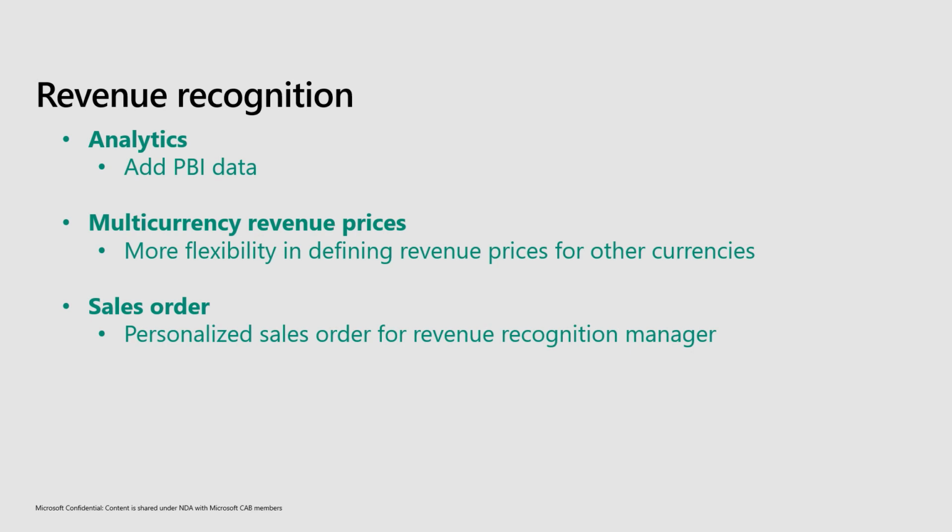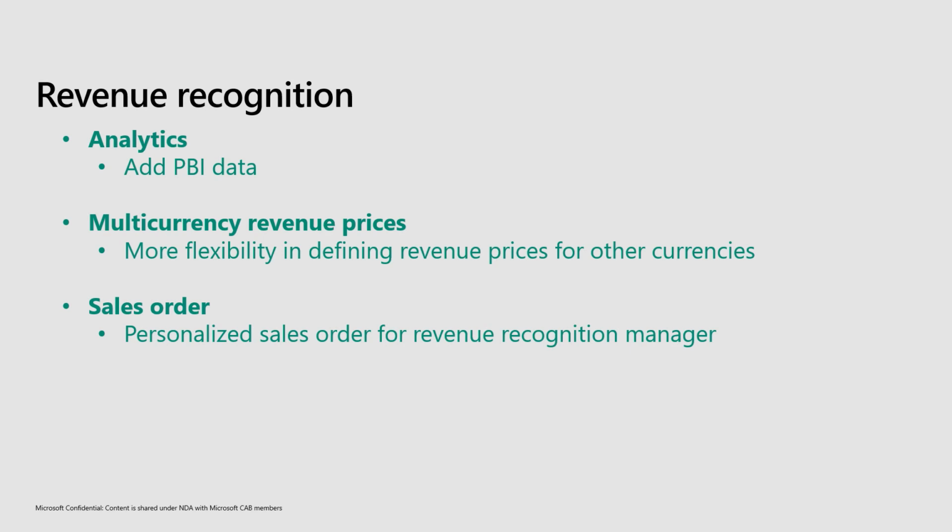The last thing on the list is the sales order. The revenue recognition manager does have access to the sales order because that's where they can go and make sure that the schedule is right, and look at that allocation price. So we do want to give them access to the sales order, but obviously there is way more information on that sales order than they really need or care about. So we want to get to saved views.